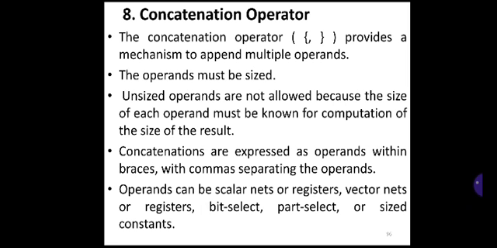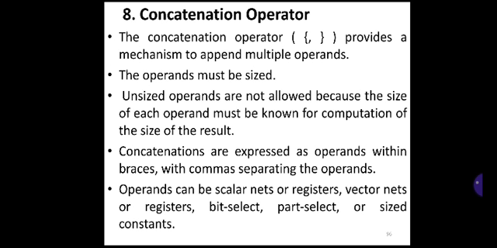The size must be known. Unsized operands are not allowed because the size of each operand must be known for computation of the size of the result. So remember, the size of the operand within the concatenation operator must be known to compute the size of the result.